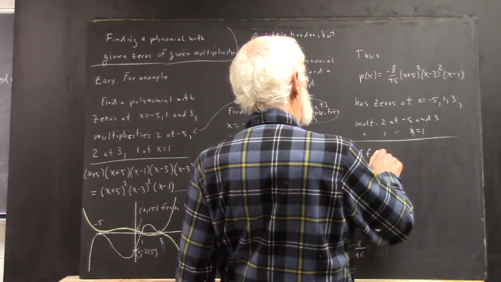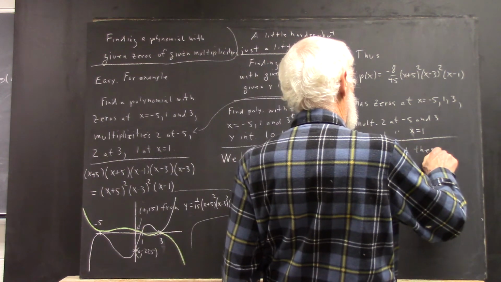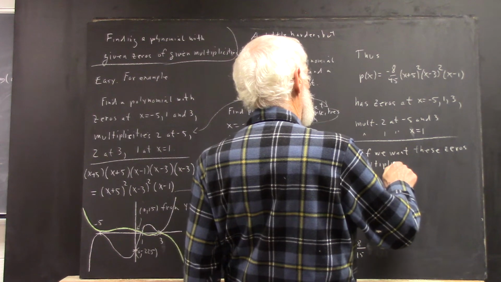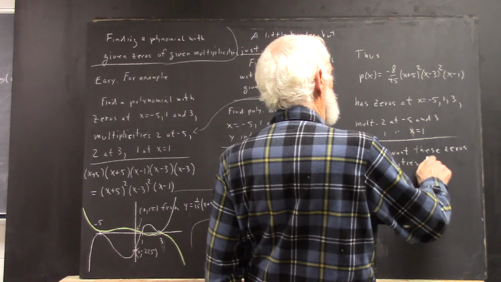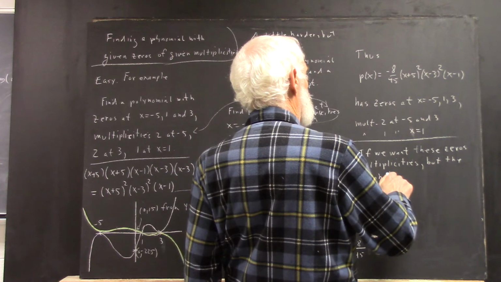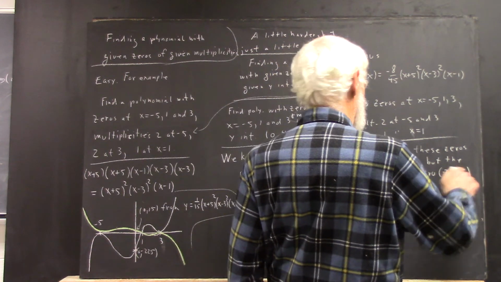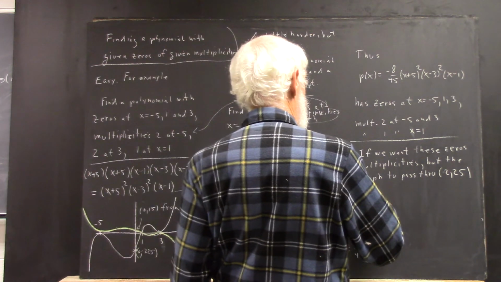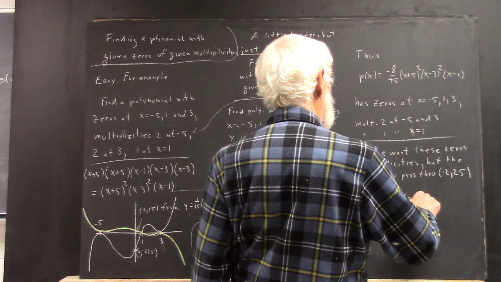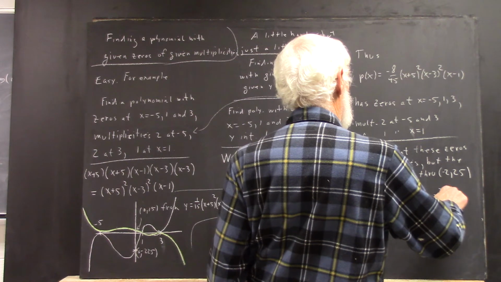If we want these zeros and multiplicities, but the graph to pass through the point negative 2, 25 as before, then P of x is going to be a times x plus 5 squared times x minus 3 squared times x minus 1.